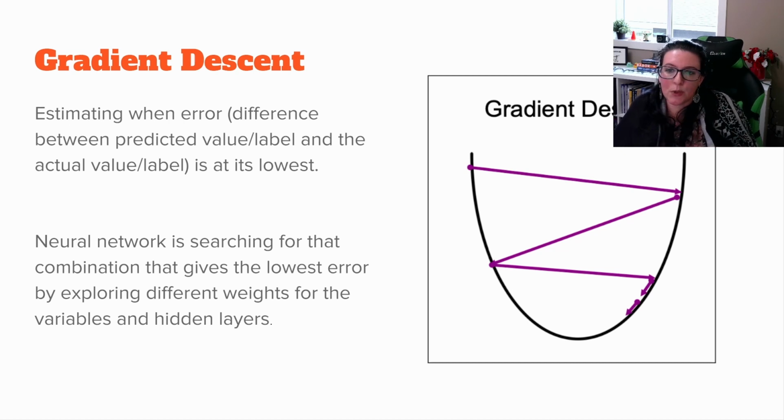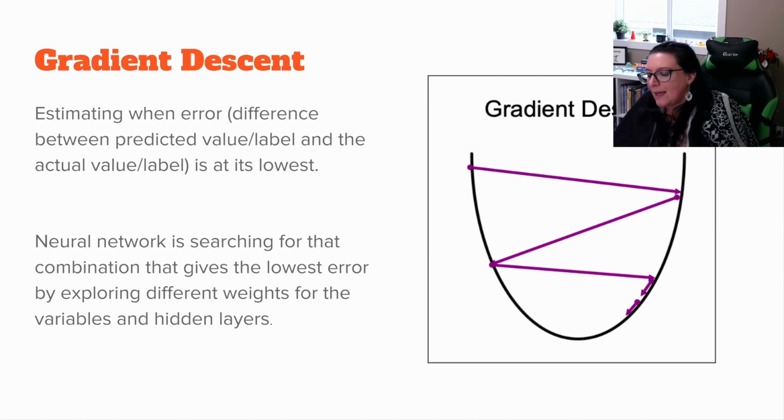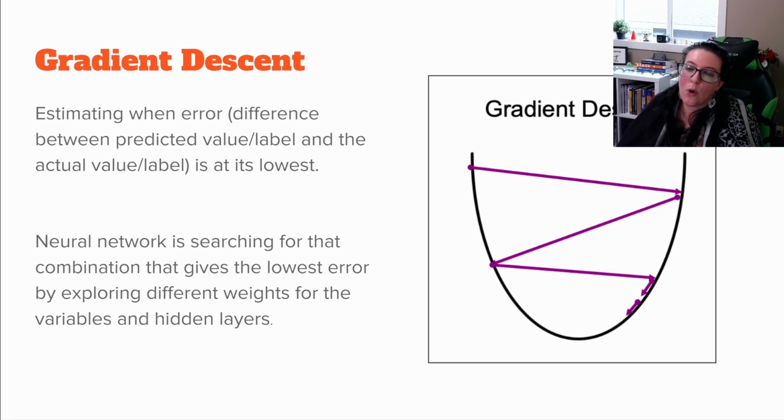Now what we're doing is looping through many times, hoping that as we explore a random walk and go through it different ways, we're searching for the combination that gives us the lowest error. So with gradient descent, we're estimating when the error, the difference between our predicted value or label and the actual value or label, is at its lowest. And our concern, of course, is that we get stuck in a local minimum rather than a global minimum.